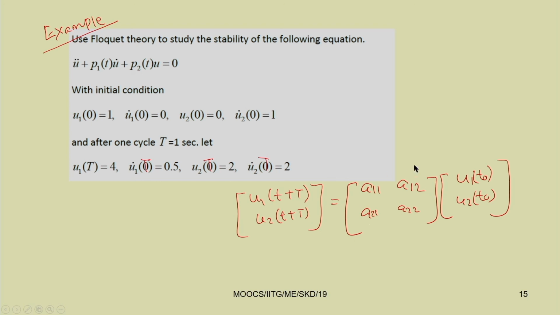You just see we have 4 unknowns: a11, a12, a21, a22. So, we require 4 parameters. We have taken 2 parameters u1(t), u2(t), and another 2 parameters we can take, u1 dot (t) and u2 dot (t), and from that we can find this equation.